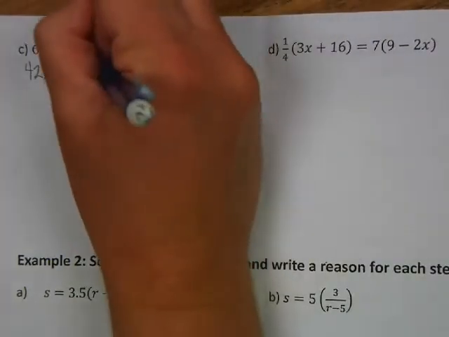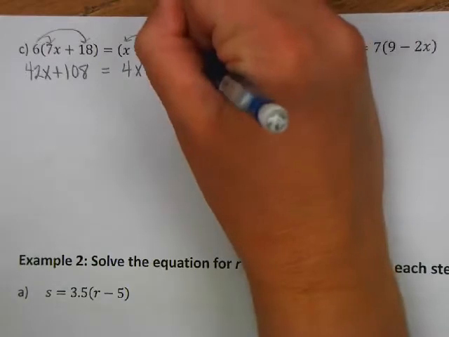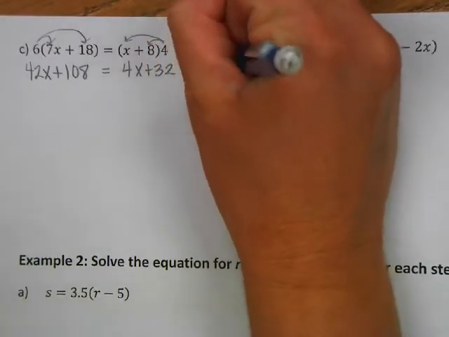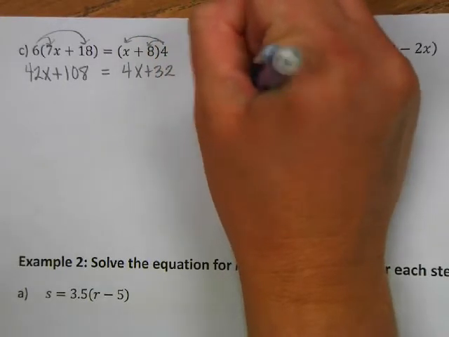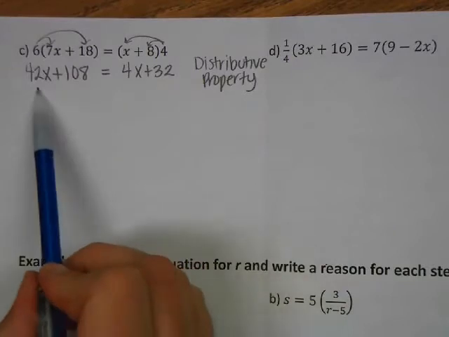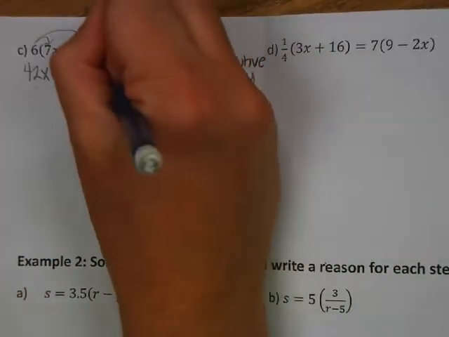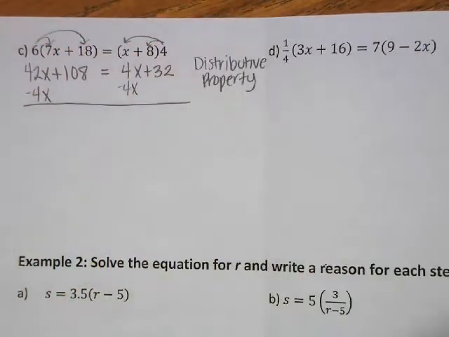On the right side, when you distribute, you're left with 4x plus 32. So after you apply the distributive property, you want to get your constants on one side. So to do that, you'll take away 4x from both sides.